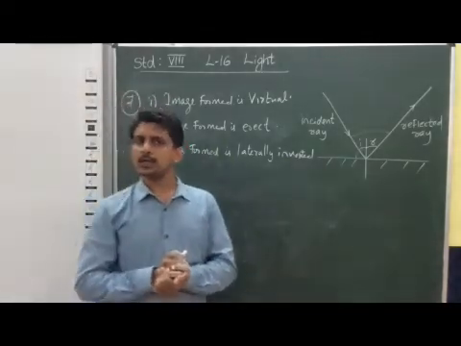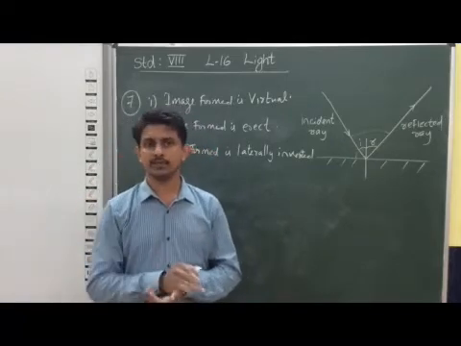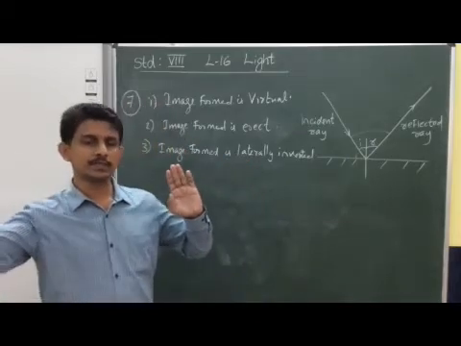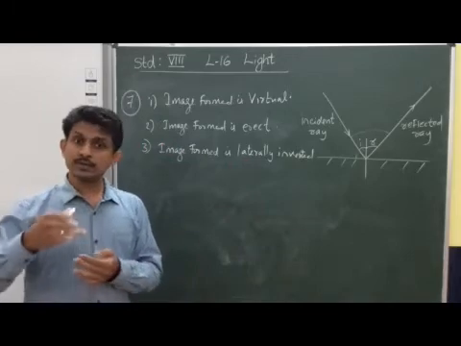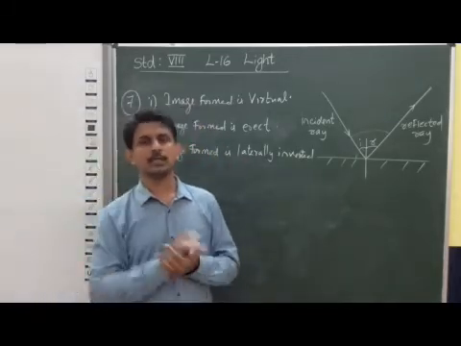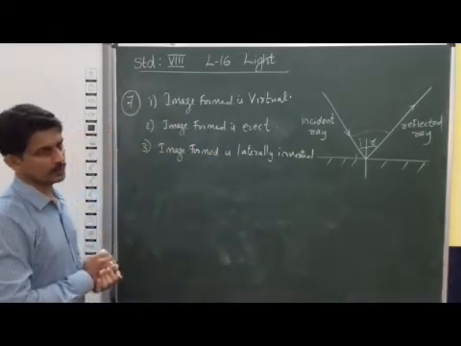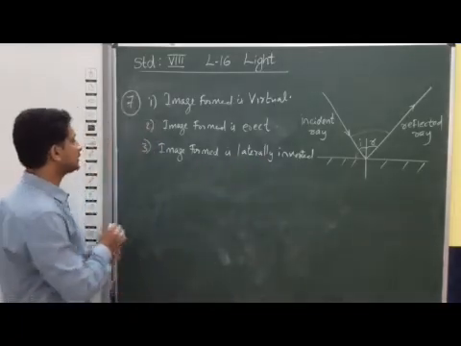Suppose you are raising the right hand, you can see that the image is raising the left hand. Suppose you are raising the left hand, you can see that the image is raising the right hand. So right appears as left and left appears as right. This property of the image is known as lateral inversion.